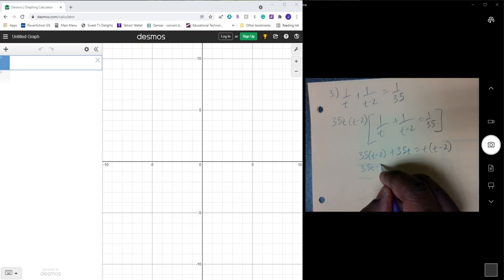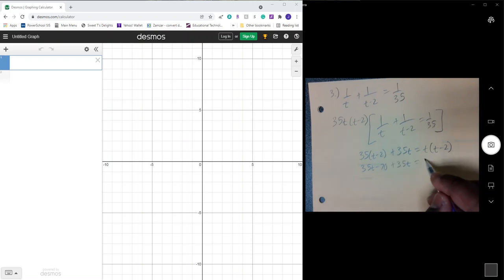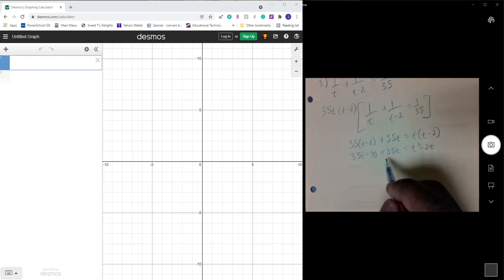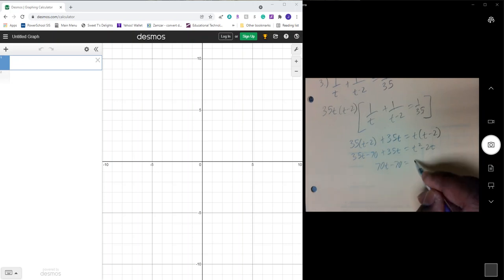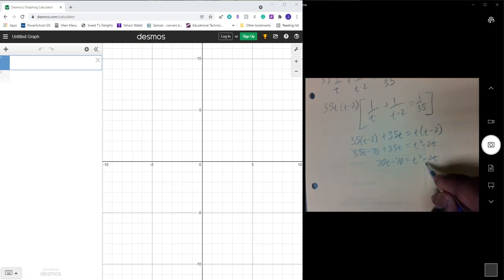You add 35t minus 70 plus 35t is equal to t squared minus 2t. All right, so this will leave us 70t minus 70 is equal to t squared minus 2t. So we would add 2t on both sides.